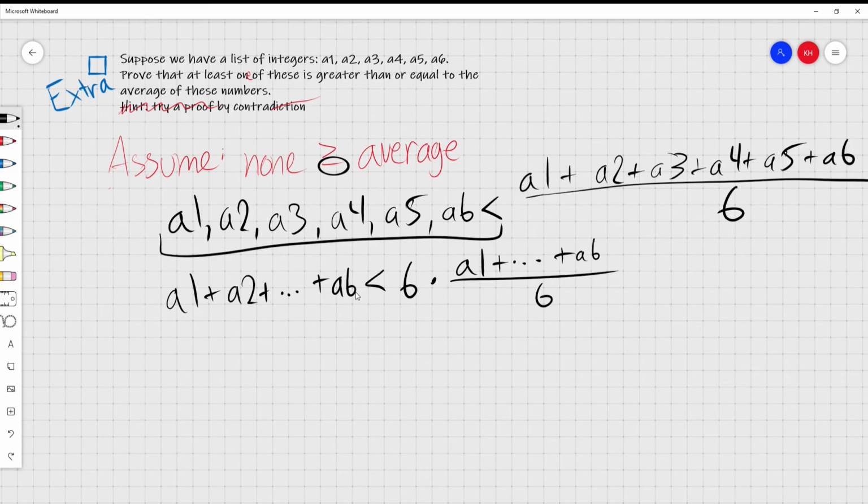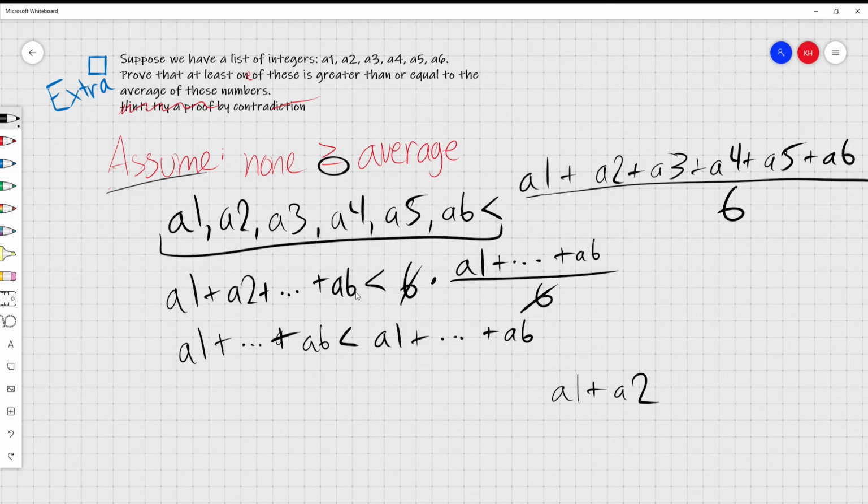And this is actually the correct path. Okay, then we'll end up with A1 plus dot dot dot plus A6 is going to be less than A1 plus dot dot dot plus A6, by canceling out the 6's here. Taking logical paths here, we know that adding A1 plus A2 after our assumption here, we know that this has to be less than 2 times the average. And that's the same thing if we add all 6.